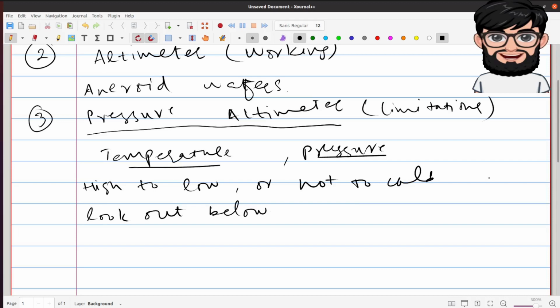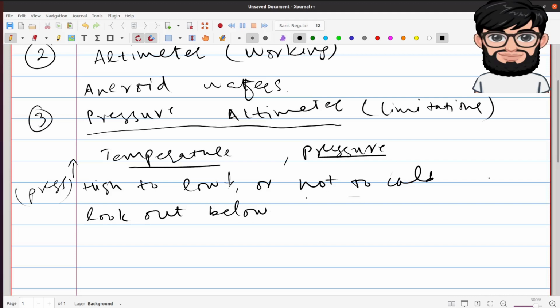What it means is whenever you are going from high to low pressure, this pressure altimeter is going to show you that your altitude is high compared to what the actual altitude is.